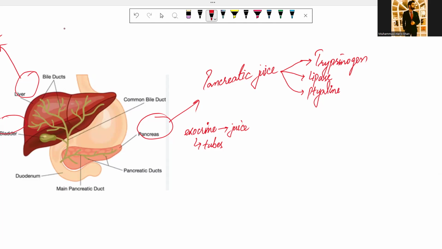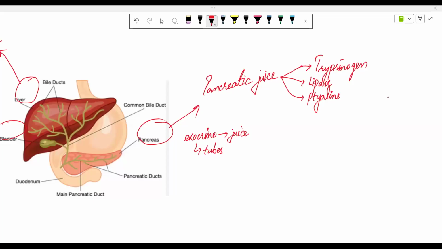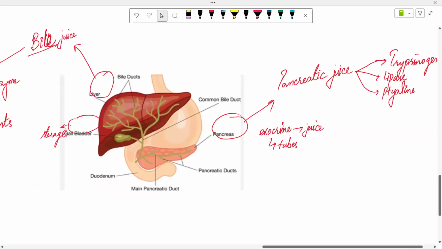Both these things, bile juice and pancreatic juice, are carried to the duodenum. Duodenum is the first part of the small intestine and is very important as all the components of the food are digested in the small intestine, in this part of small intestine. The duct that helps in carrying the bile to the duodenum is known as bile duct, and the duct that helps in carrying the pancreatic juice to the duodenum is known as pancreatic duct.